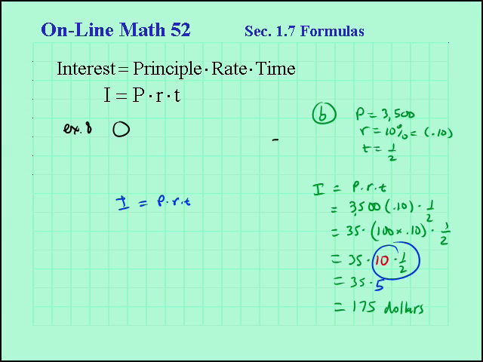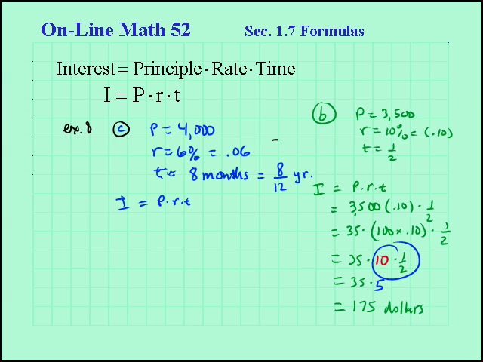We're told how many months we have instead. P is 4,000. R is 6%. Again, treat that as 0.06. T this time, wow, that was pretty bad, is 8 months. And what we need to do is think of that in terms of years. Well, there's 12 months in a year, so that becomes 8/12 of a year.